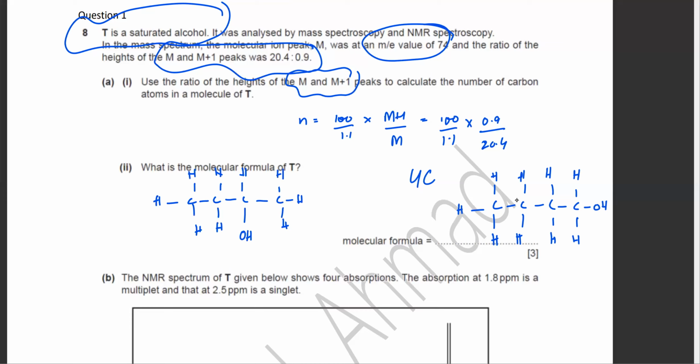Or what you could have is 3 carbon atoms in a row and a branch, and the rest are H atoms.